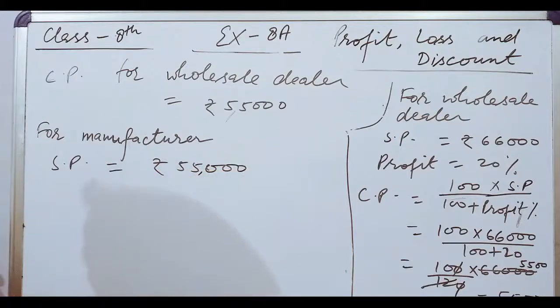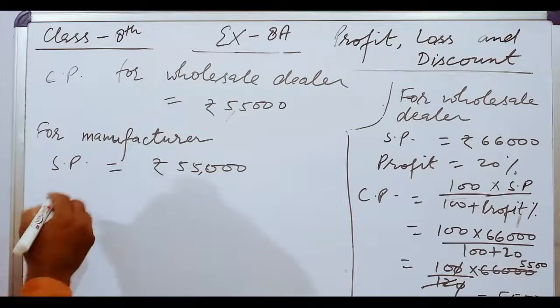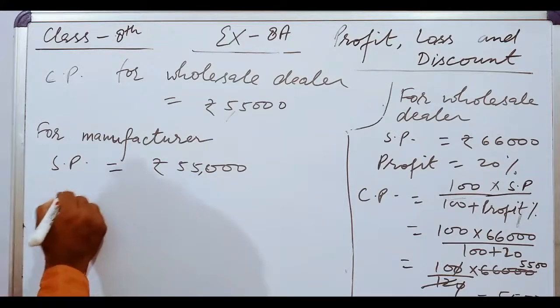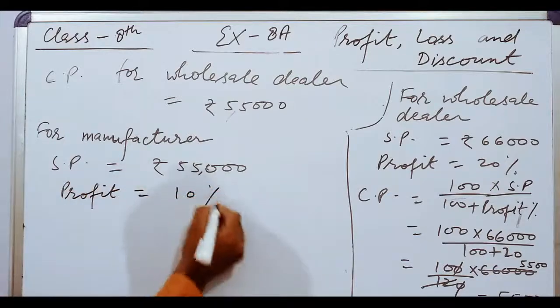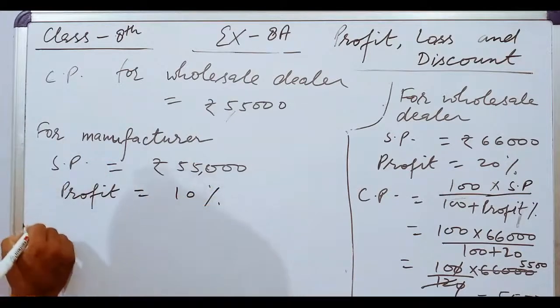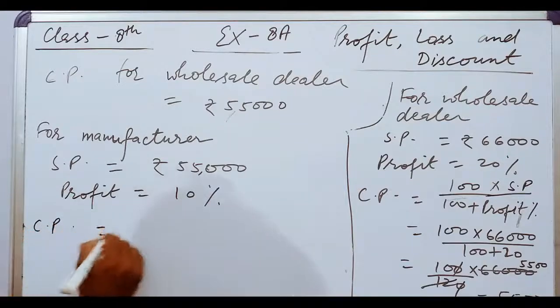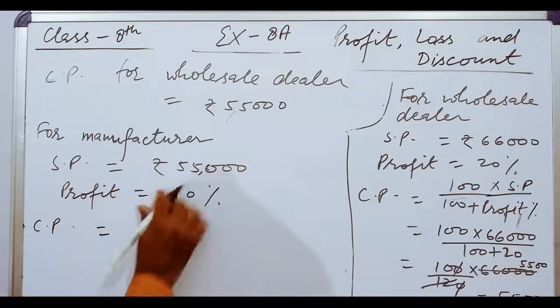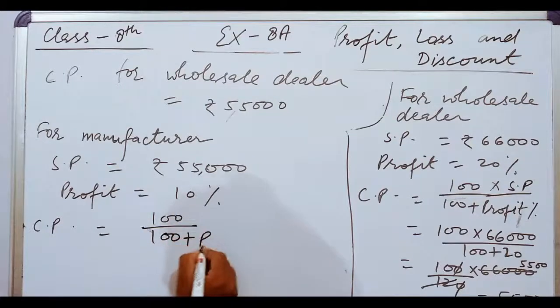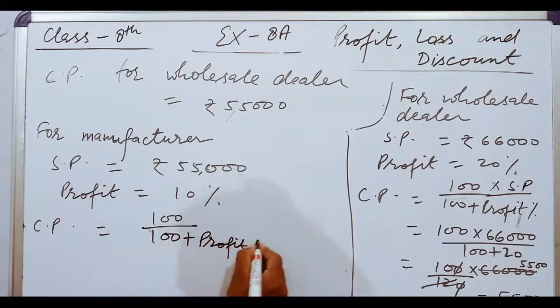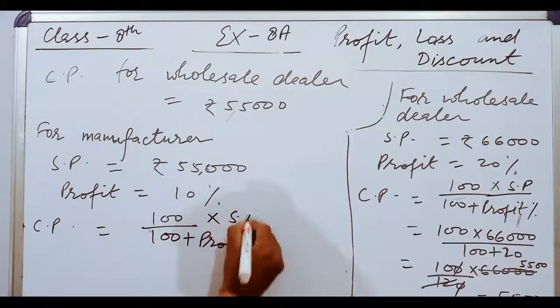Okay, the manufacturer sells an article to the wholesale dealer at a profit of 10%. Profit equal to 10%. Then CP for the manufacturer equal to 100 upon 100 plus profit percent into SP.